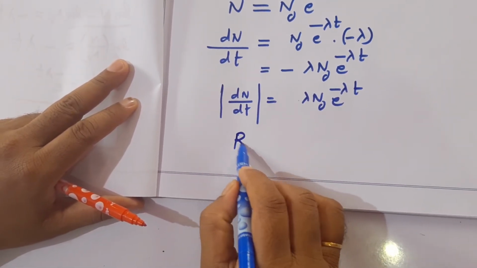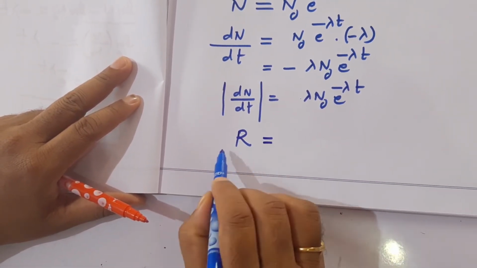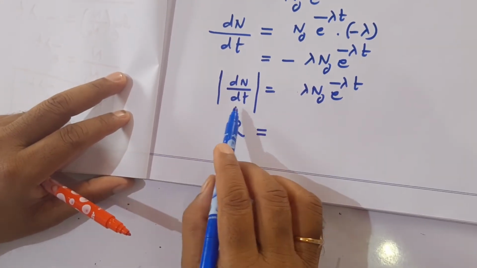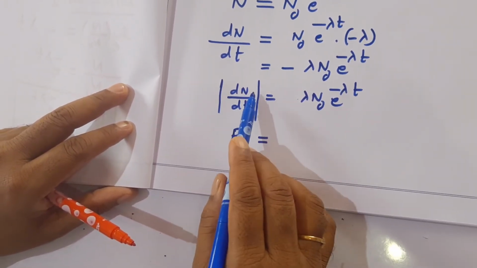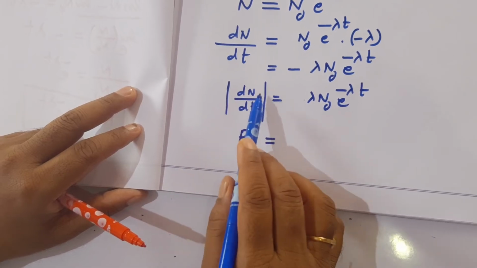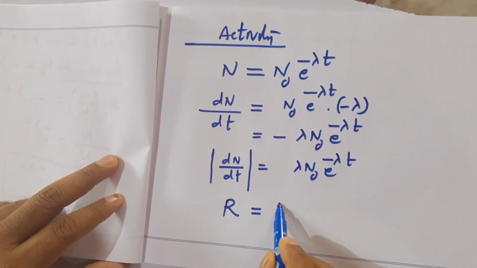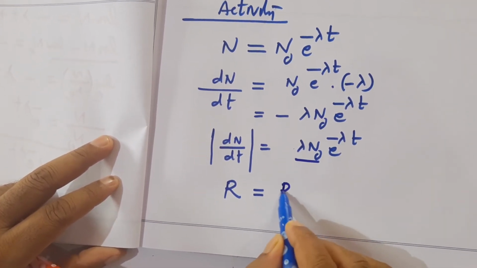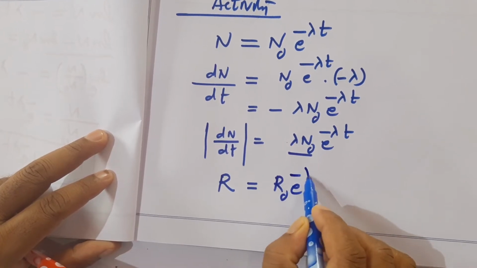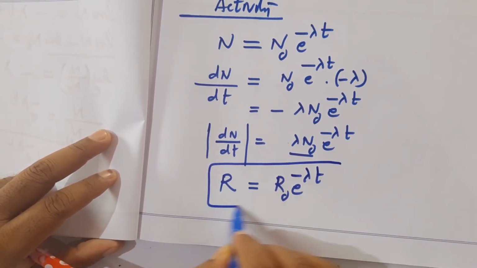This is the activity of the radioactive substance, R equals dN by dt, which is nothing but the rate of disintegration or the rate of decay. R equals lambda N0 e power minus lambda t, and we can write lambda N0 as R0, so R equals R0 e power minus lambda t.